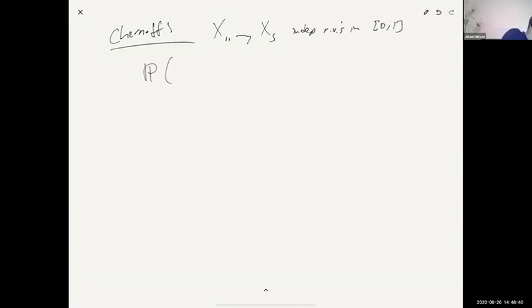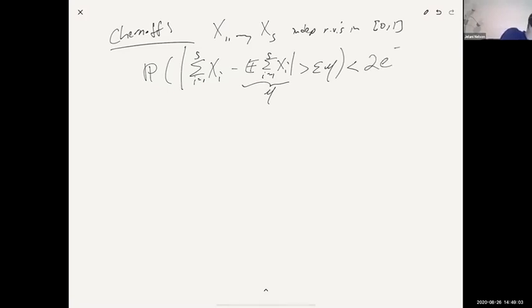Then the probability that the sum of the random variables xi, i goes from 1 to s, deviates from the expectation of the sum, let's call this mu the expectation, by more than epsilon mu is less than 2e to the minus epsilon squared mu over 3, for epsilon in the range from 0 to 1.